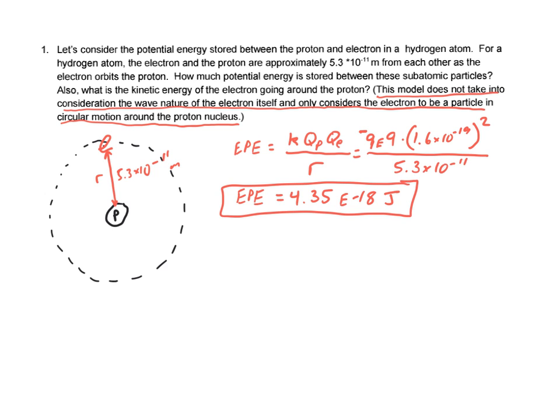Many times, instead of seeing this in joules, you'll see this in electron volts. What's an electron volt? Well, a joule is equal to the charge of an electron multiplied by the voltage. These are not exactly equivalent units.